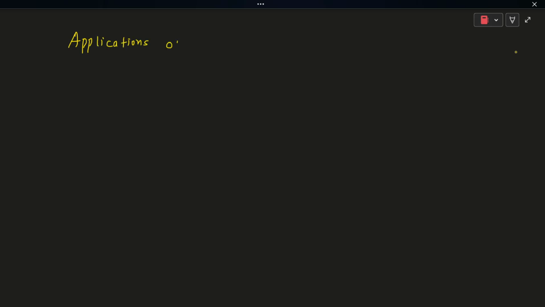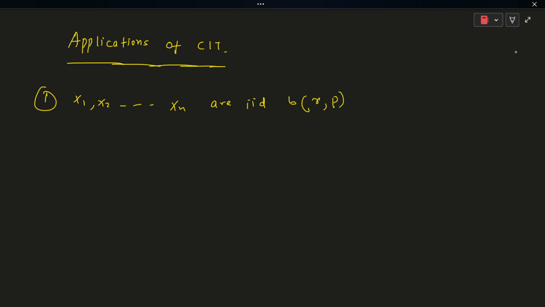Applications of CLT. First one: X1, X2 up to Xn are IID binomial (R, p), and Sn is equal to the summation of Xi. Then what's the expectation of Sn?